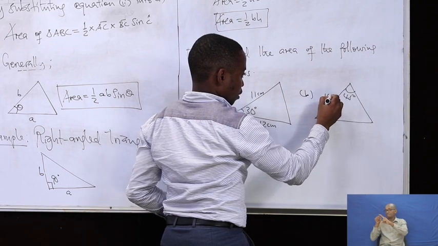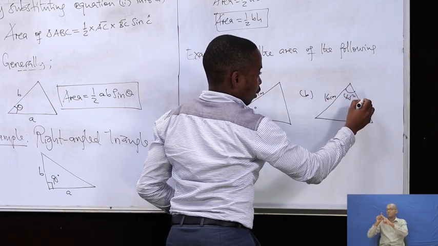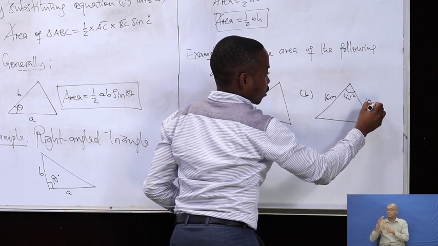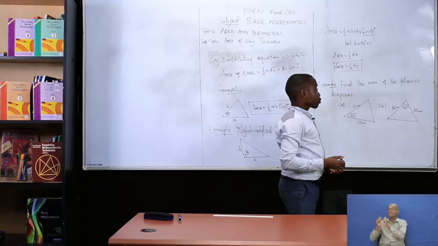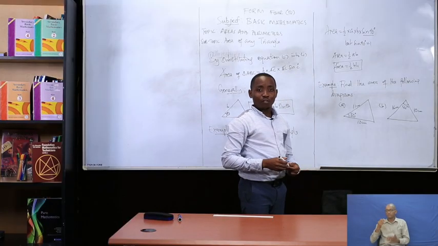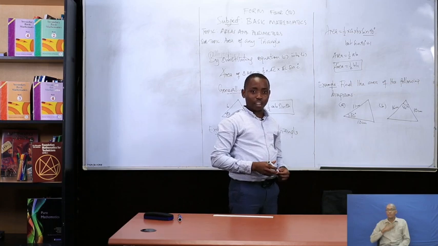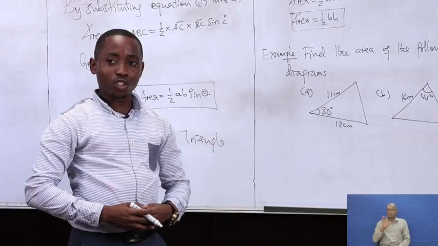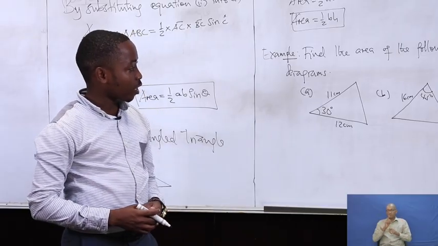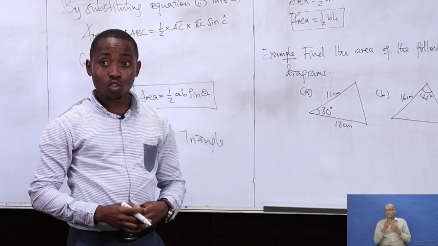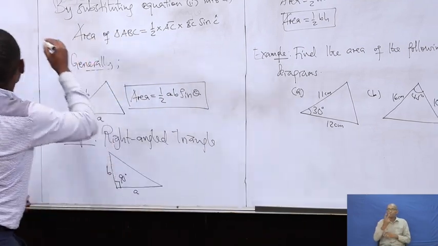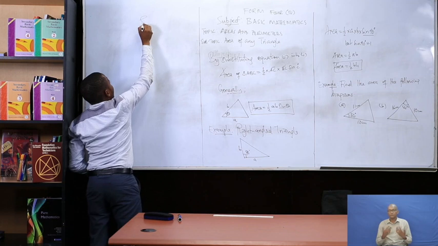This one is 16 centimeters, and here you have maybe 10 centimeters. We need to find the area for those two triangles. Now, what will be the solution for these triangles? How can we get the area for the two triangles? Solution.